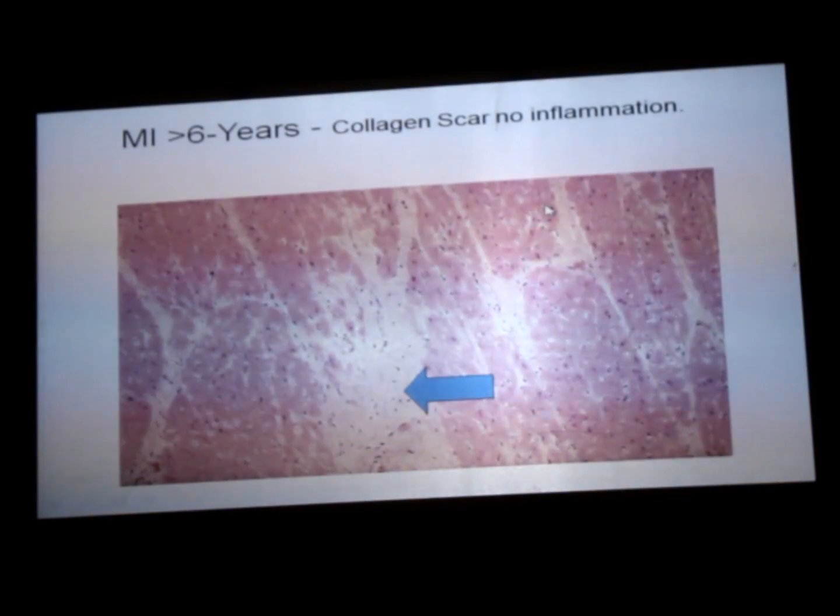After 6 years, there is no inflammation, you can find an old collagen scar in the myocardium. Okay? See, this whole thing is a big scar, useless tissue without any myocardium. Here some viable cells can be seen.